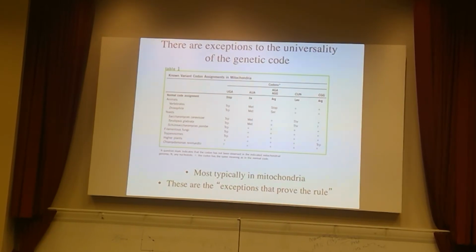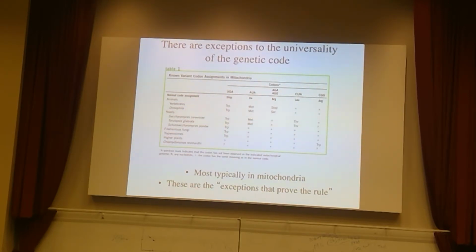And this indicates that you can actually read out something that would be a stop codon and turn it into a sense codon. Other cases, like something that you would normally expect to read out as an isoleucine, might end up in a yeast mitochondria as a methionine, and some other completely oddball examples.